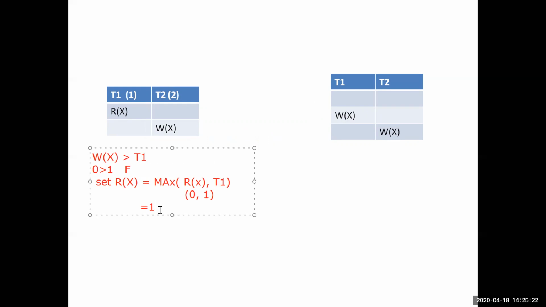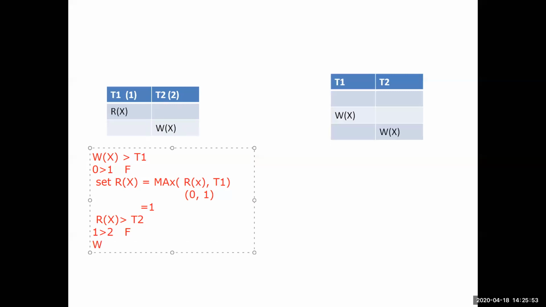Now next, I'm going to perform the write. For write, I need to check two conditions. One is a read condition, the other is a write condition. If I check the read condition: is read timestamp of X greater than the transaction timestamp? Now I am in transaction T2, so is the read timestamp of X greater than the transaction timestamp T2? That means, is 1 greater than 2? The condition failed. The first condition for write failed.